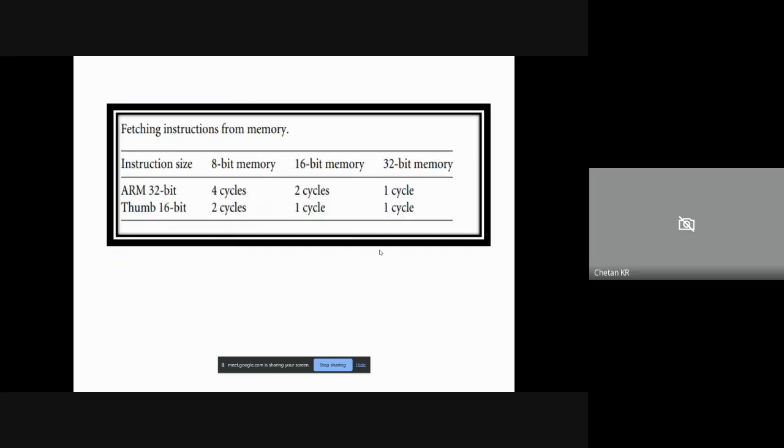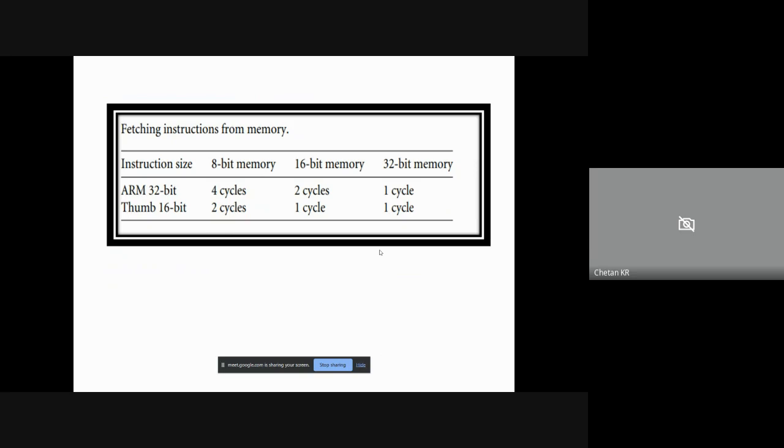Based on the instruction, how many cycles would be required? It depends on the size of your memory. Suppose your memory is very small, with 8-bit size. You know that normally all the ARM instructions are 32-bit, since ARM follows RISC. But that day we discussed that ARM is not just RISC, it is an advanced RISC, and it has some changes.